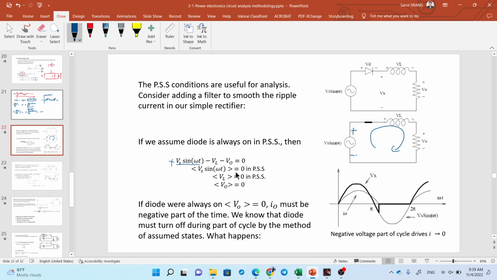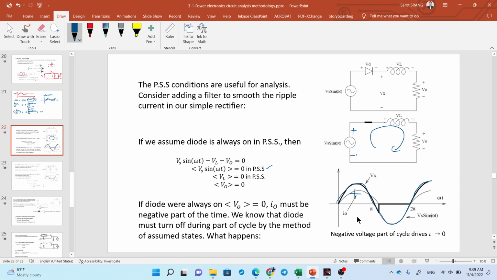So from this analysis, we can see that from the periodic steady state property, the average value of a sine wave is always 0. This is true, right? Because the area above equals the area under the sine curve. Look at this one, the blue one.